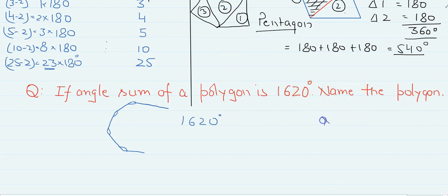To name the polygon, we need the number of sides. If we know the number of sides, we can name it. So what are we supposed to do? Are we going to divide it by 180? Yes. Let's divide it by 180. Are we getting 9 here?